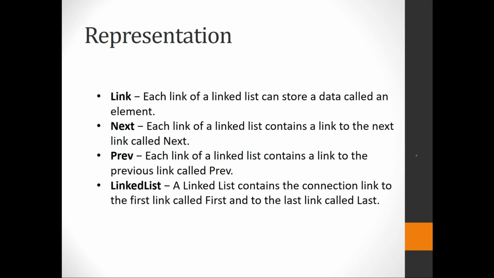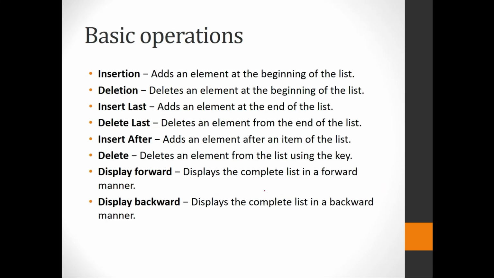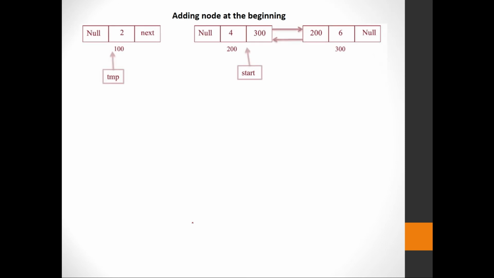Okay, so now these are some representations which you know already, and you can just go through them. Now these are the basic operations that can be done using a double linked list, which will be the same as a single linked list. Okay, so now how do I add a node at the beginning? Imagine there are already 2 nodes connected over here.